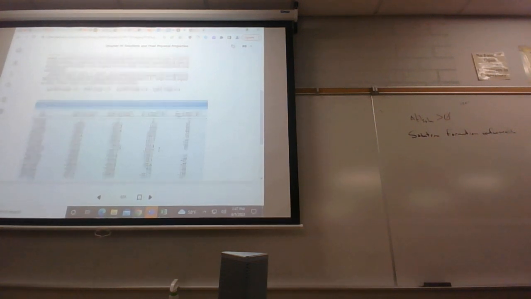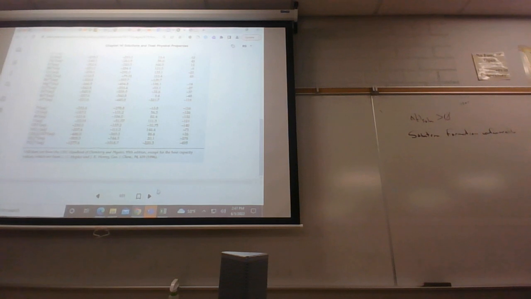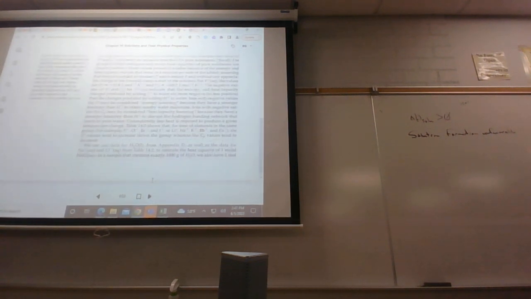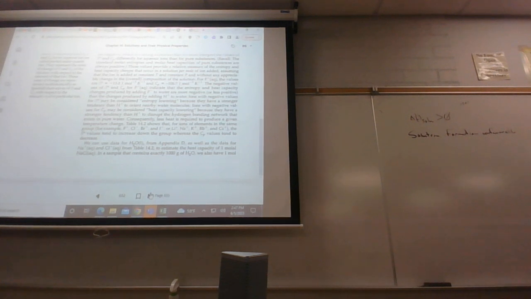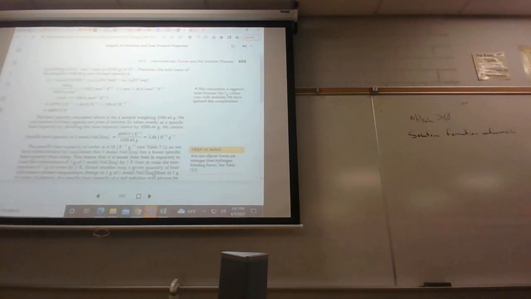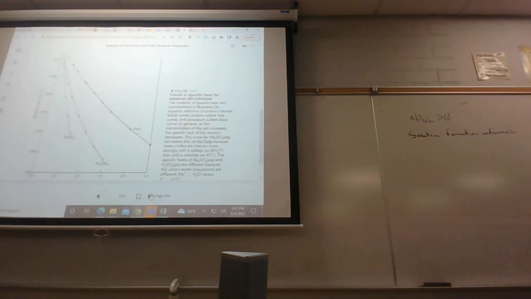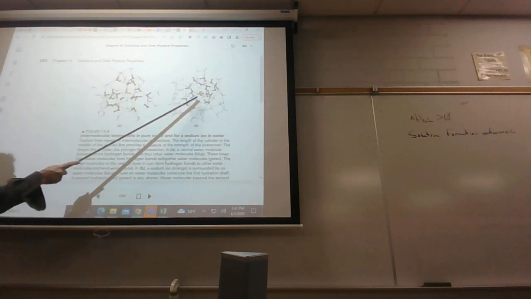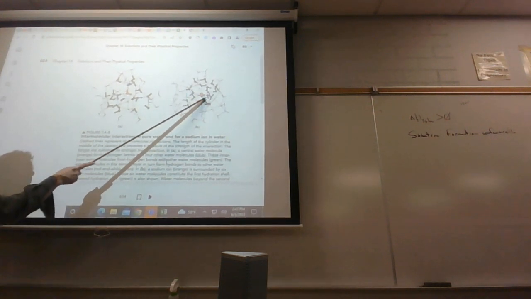These are all thermodynamic calculations discussed in Chem 1B. More thermodynamic calculations discussed in Chem 1B. Skip that. Here's some ion-dipole modeling. So we have some ions surrounded by waters.